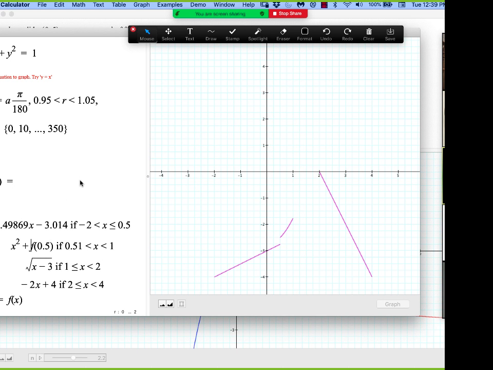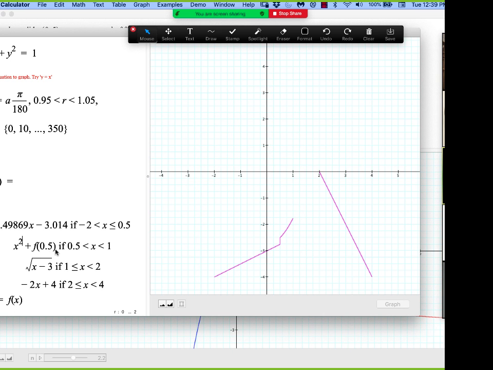Oh, brother, what happened? What is happening here? Why is this not working? x squared plus. Oh, right, because x squared doesn't start at that. So we need to do what? That's why I had it at 0, because x squared isn't 0 at 0.5.